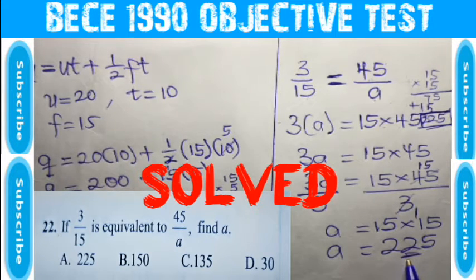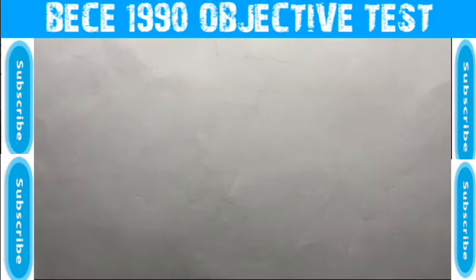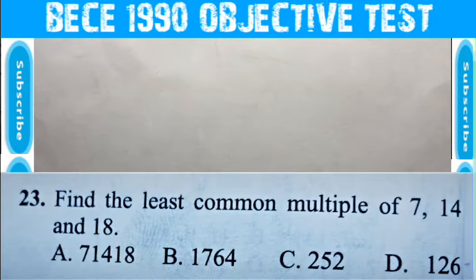Let's move on to question 23. With question 23, the question will be displayed on the screen, and the question is related to LCM. So we are finding the least common multiple of 7, 14, and then 18. So let's do that. For us to do this, we've got to rule some lines over here.